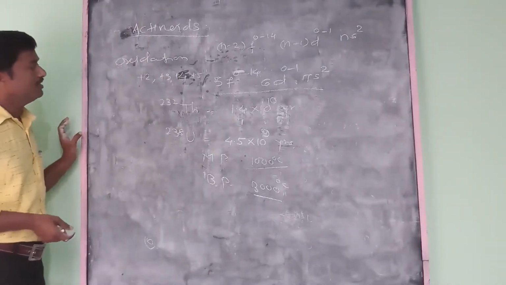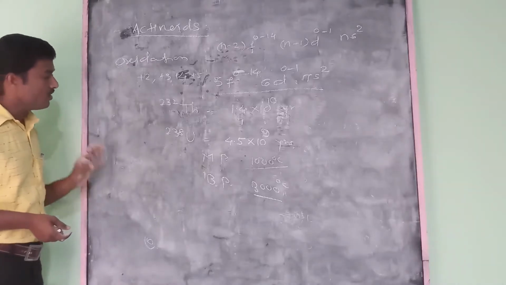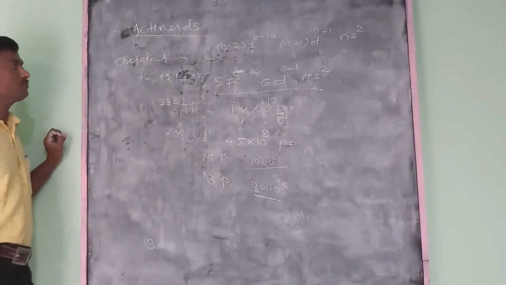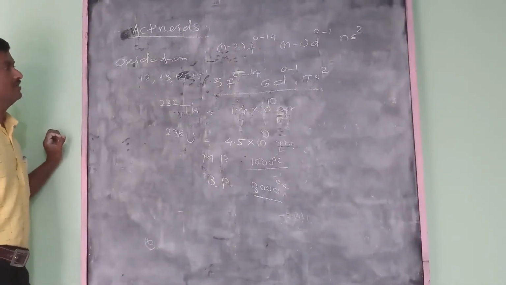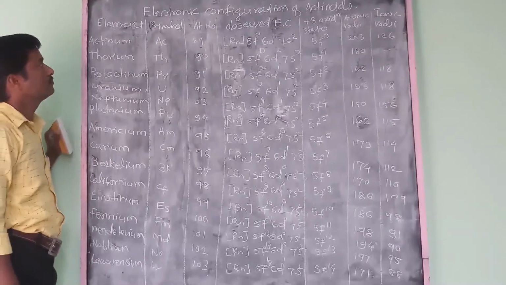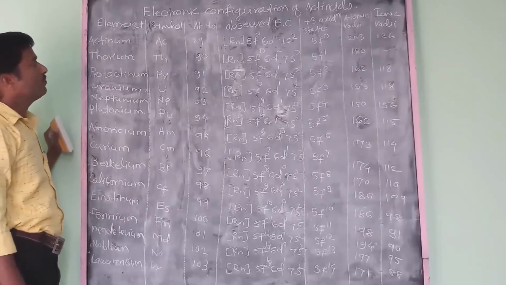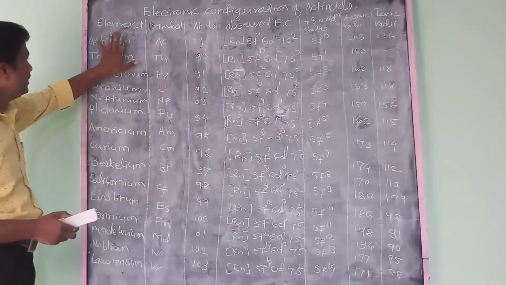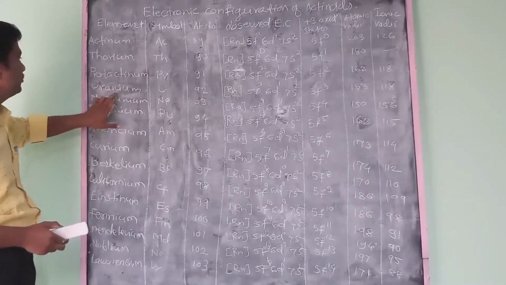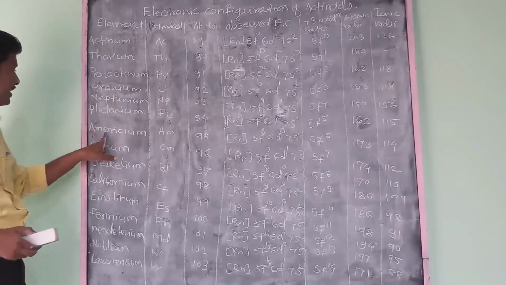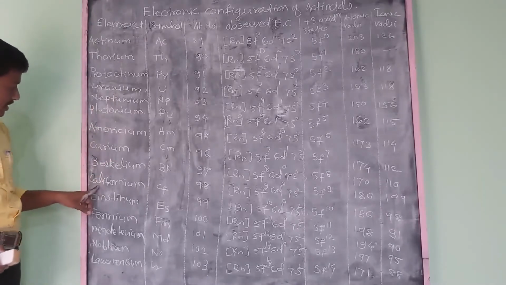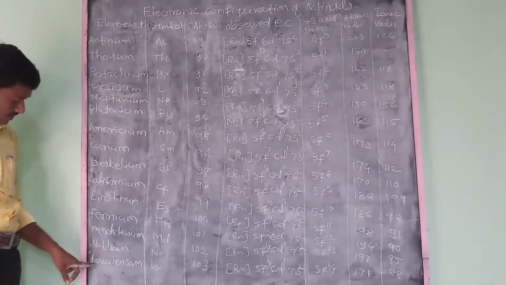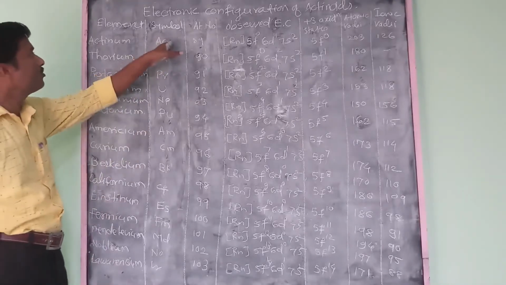Then we have to study the electronic configuration of these elements. The electronic configuration of actinides we have generally seen here. These are the elements: actinium, thorium, protactinium, uranium, neptunium, plutonium, americium, curium, berkelium, californium, einsteinium, fermium, mendelevium, nobelium and lawrencium. This is the atomic symbol.